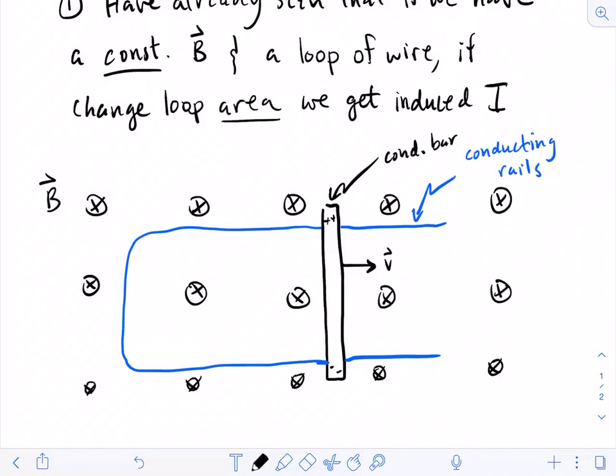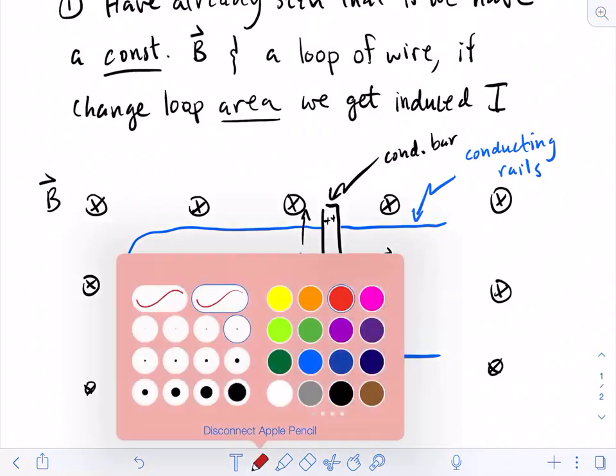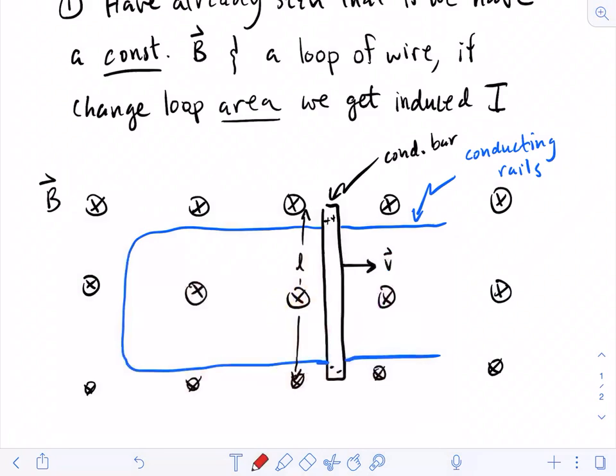So this conducting bar has some length L. Okay, and what happens as a result of that induced EMF, if we use the conducting rails to make a complete circuit, then we got an induced current that went, in this case, in the counterclockwise direction.